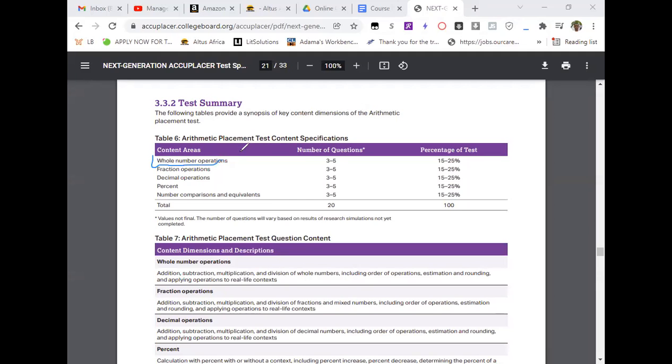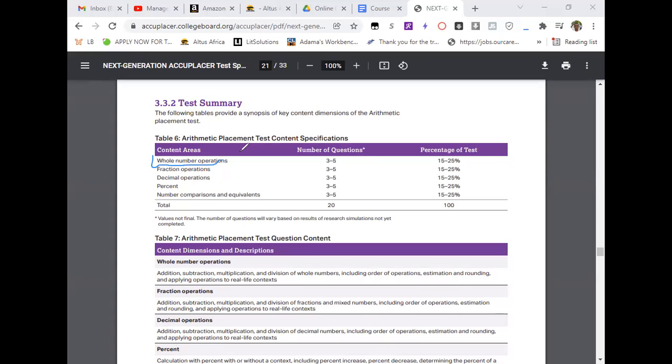That section is just testing your understanding of basic operations in math. It starts with addition, 1 plus 1. Of course, they will not ask that question. Addition, subtraction, multiplication, and division. So this is what we're going to learn in that section of whole numbers.